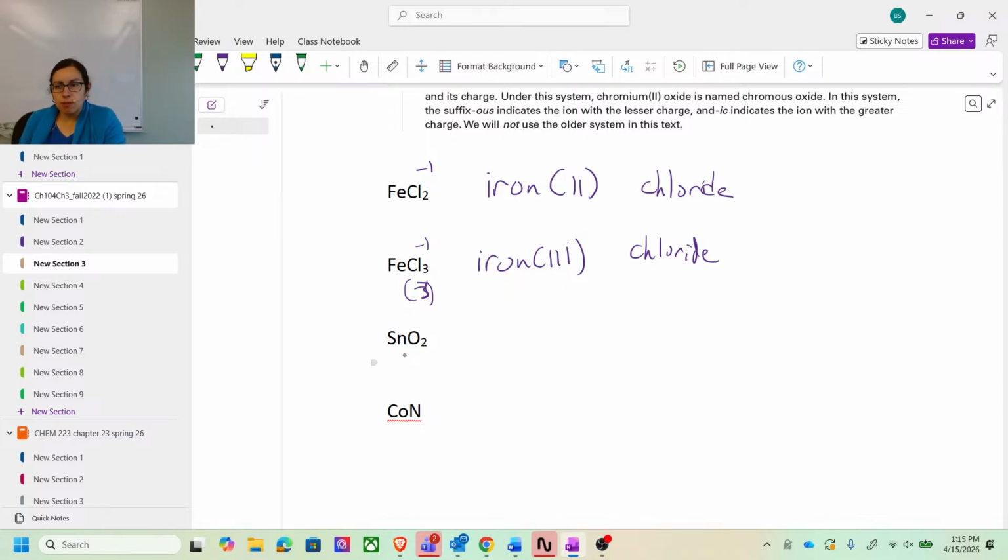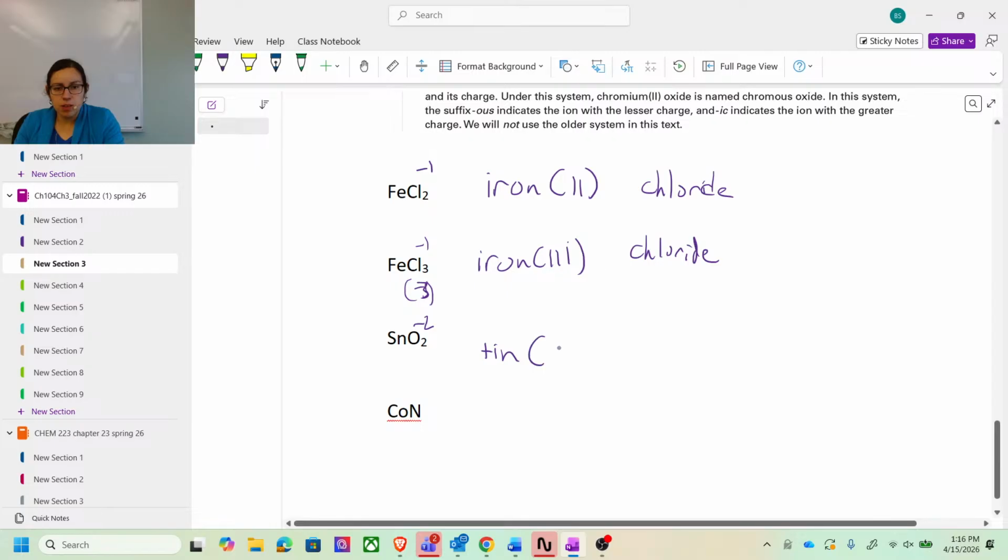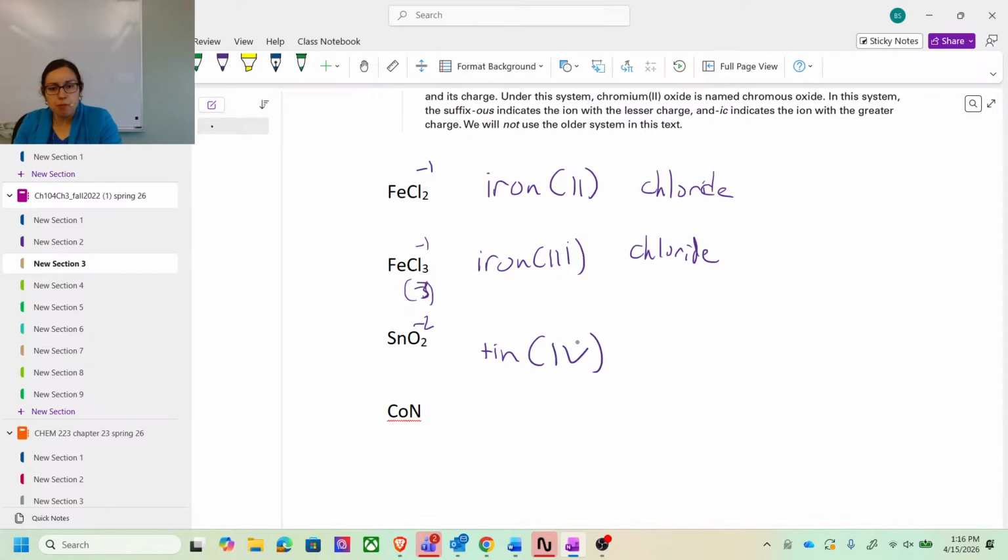What about this one here? Double check it, because what's the oxidation state of oxygen? So 10, 4, and make sure you use the proper Roman numerals. Oxide.